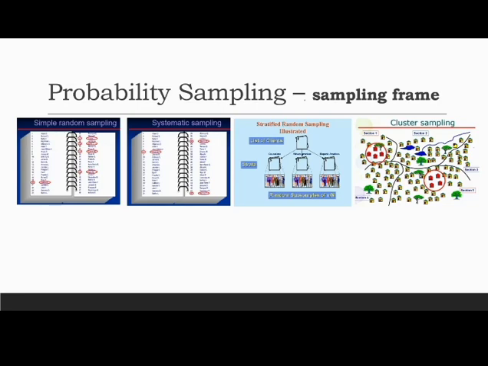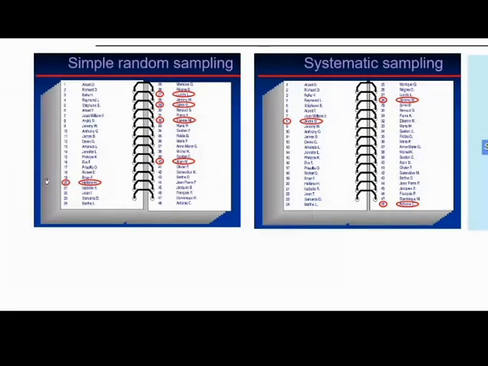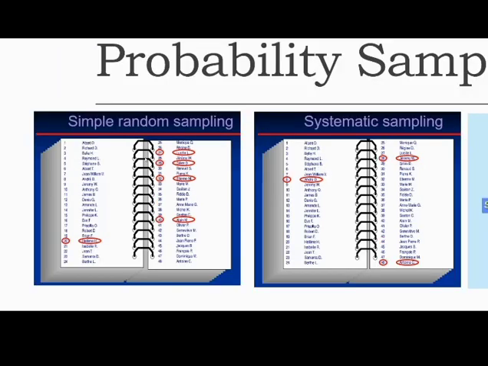Can you see, for example in simple random sampling, what do you see? Do you see the sampling frame? What do we call the sampling frame again? It is the list.